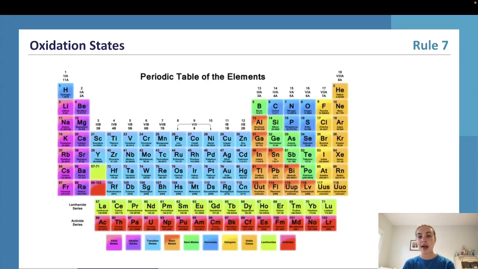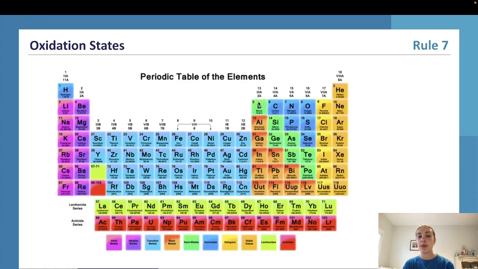So if we're to just look at this here, just to get an understanding of rule 7, we can see that we've got our group 17, they're going to be the 1 minus charge, then there's going to be our -2 charge in group 16. Group 15 is going to be a -3 charge. This group here is quite variable, same with this one here, but typically this can be +4 or -4, but that will vary quite a bit.